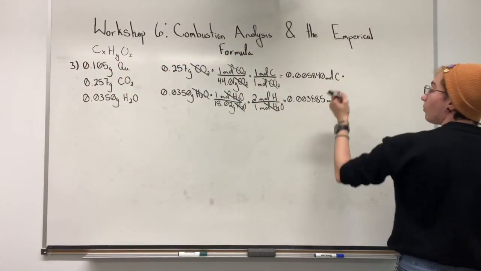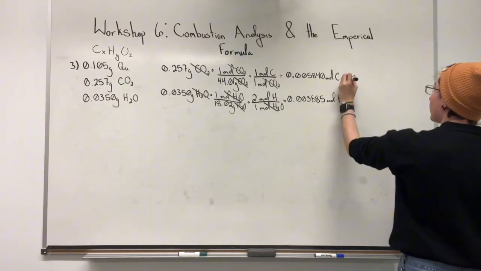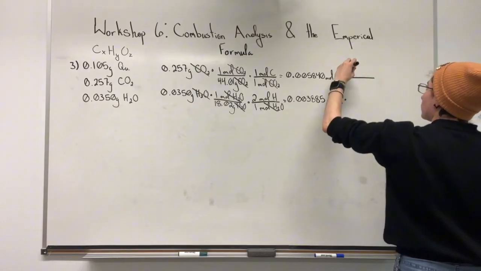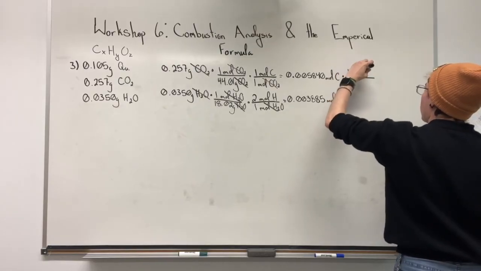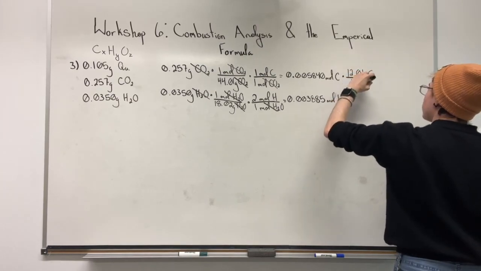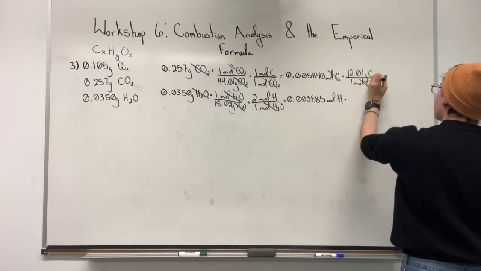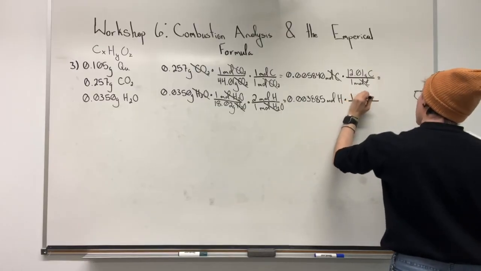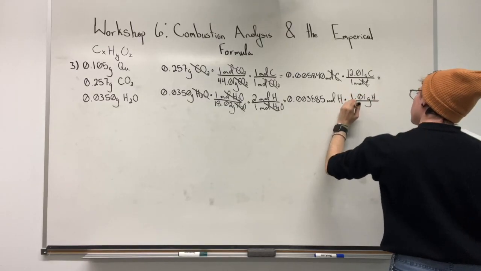And so moles to grams, we have to multiply by the molar mass of each of these. The mass of carbon is about 12.01 grams. And the mass of hydrogen is about 1.01 grams.